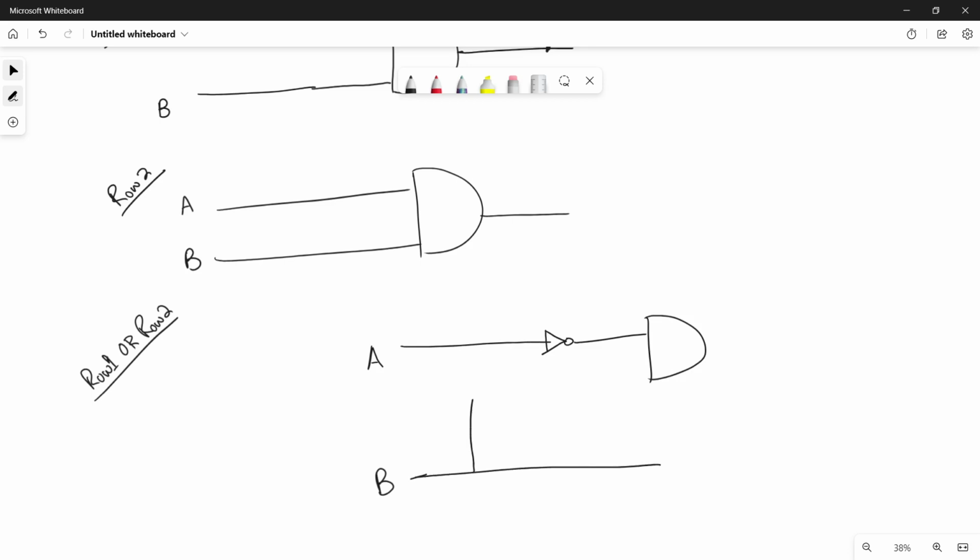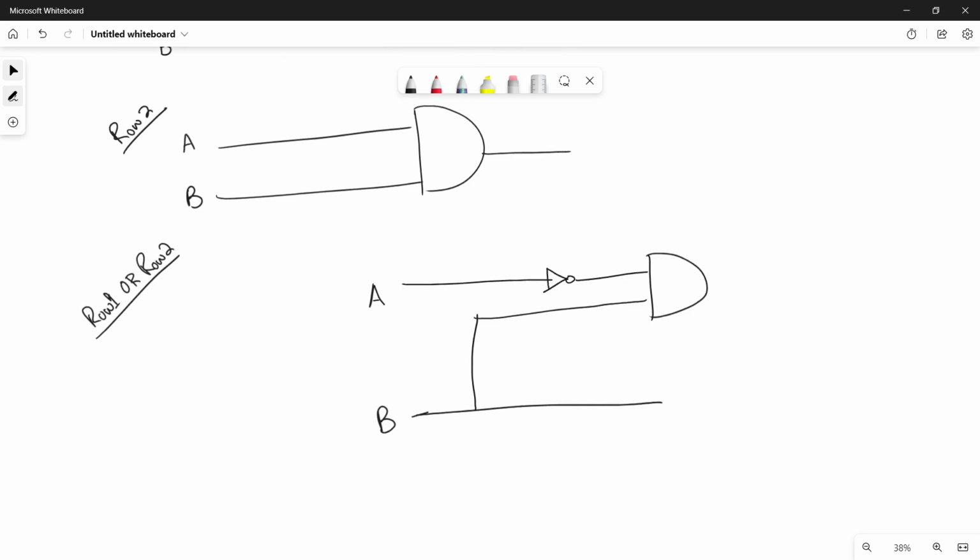Let me just write it over here. And then for the second AND gate, B is going directly and A is also going directly. So there is no need to make too many A's and B's. Only one A and one B will be made when you are joining both rows, or both circuits. So this is P and this is, let's suppose, Q.